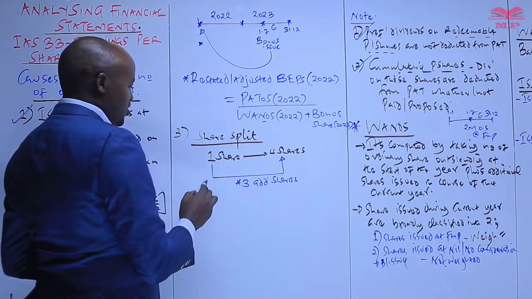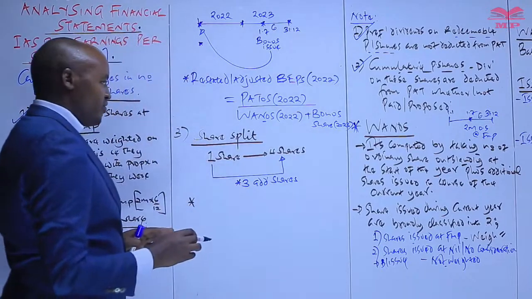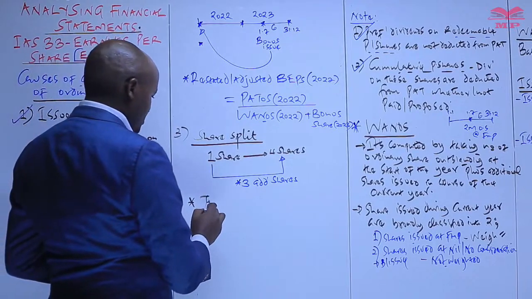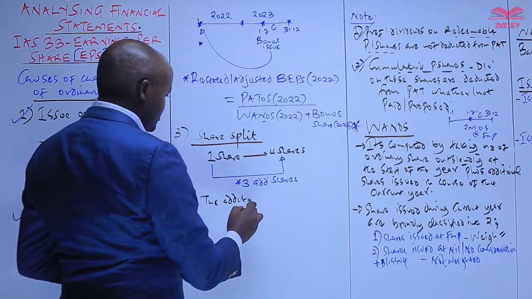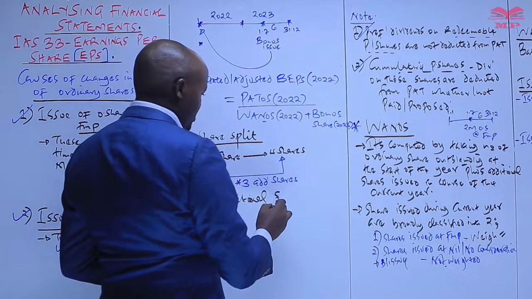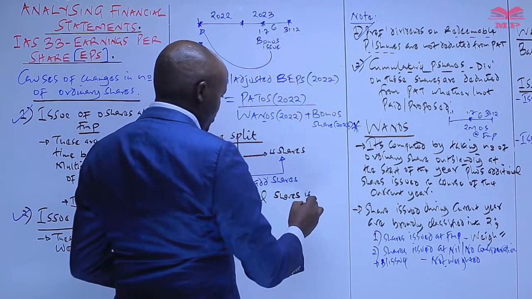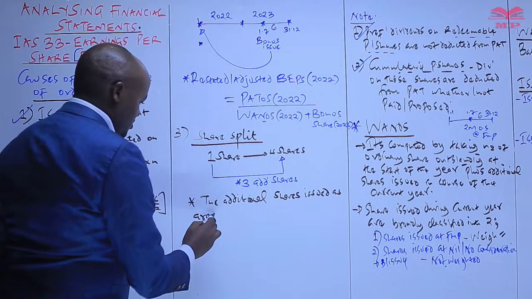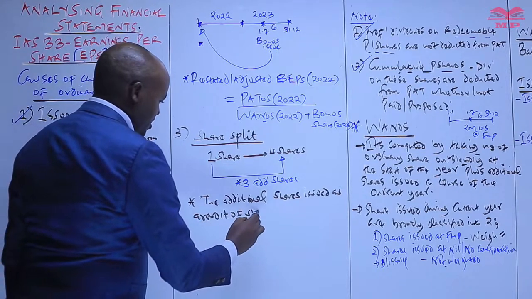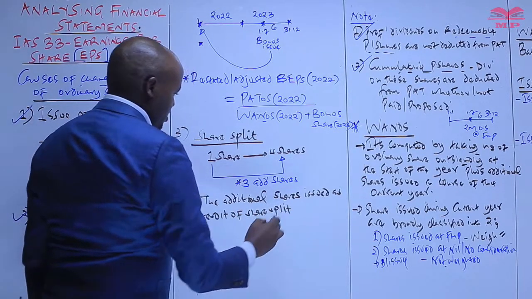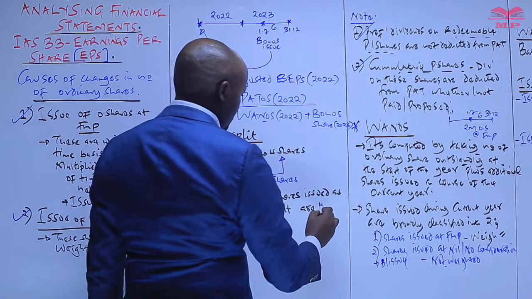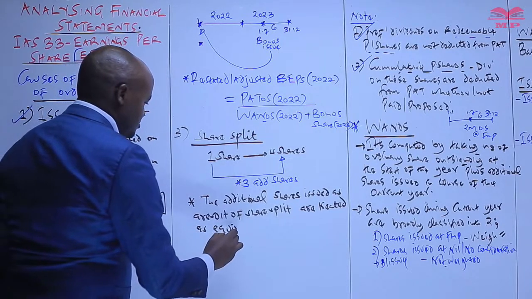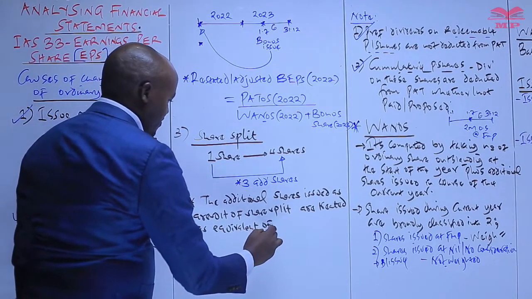And therefore, the additional shares issued by the company as a result of the share split are treated as an equivalent of bonus shares.